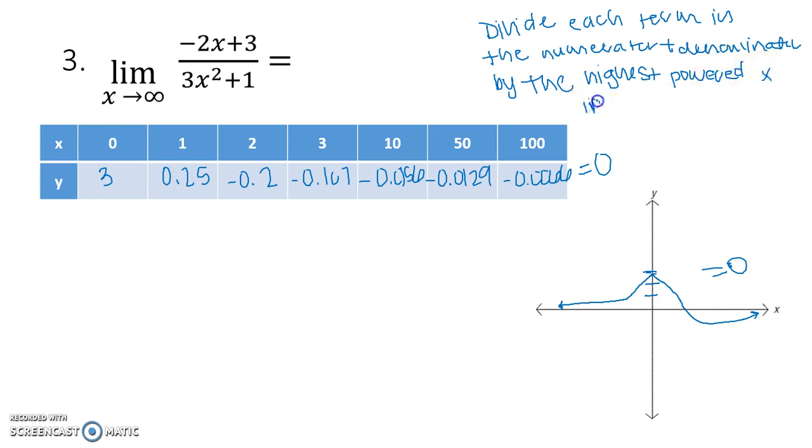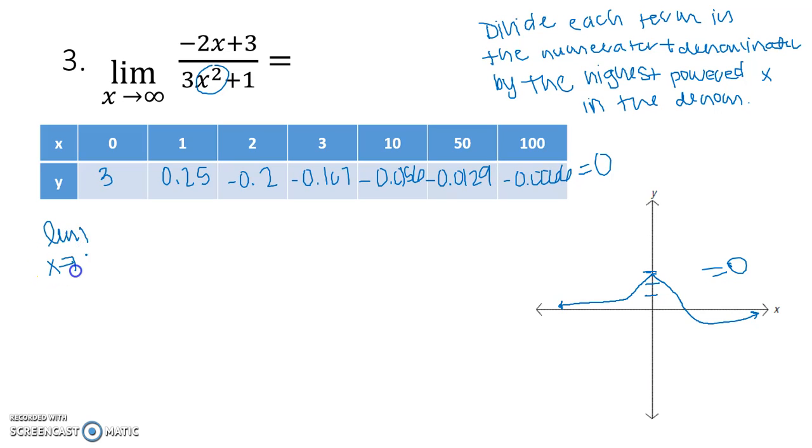So again, you're dividing every term, numerator and denominator, by the highest powered x in the denominator. When I look at my function here, my highest powered x is that x squared. So I'm going to divide everything by that.